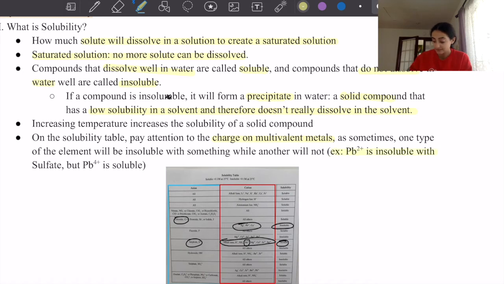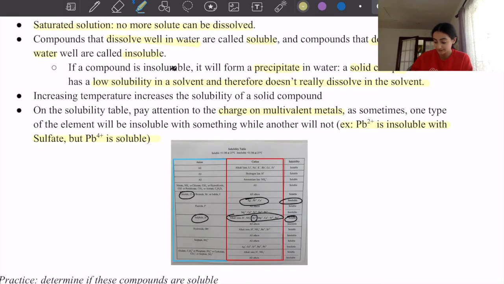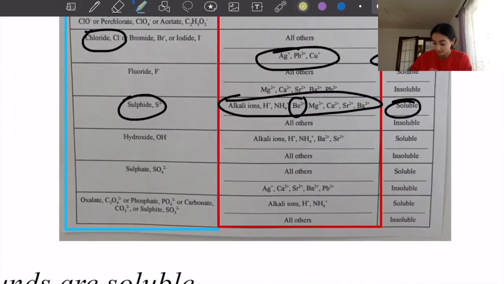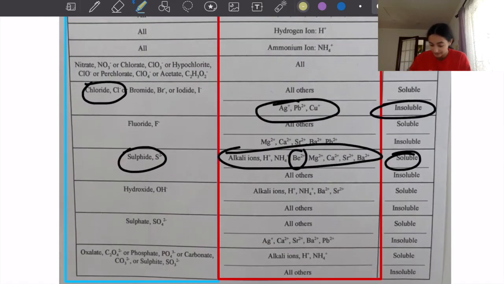For instance, Pb2 plus is insoluble with sulfate, but Pb4 plus is soluble. So if you look at sulfate here, it is insoluble with Pb2 plus. So if you have a compound with Pb4 plus and sulfate, that is soluble.